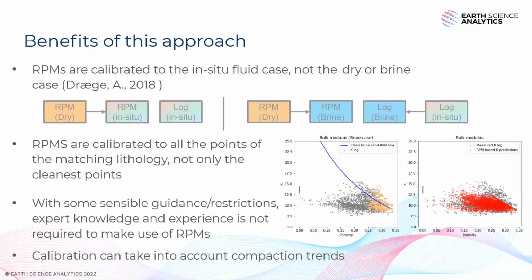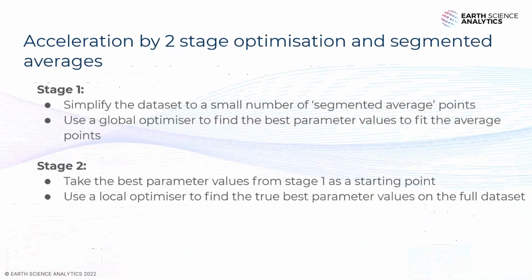But overall, we can take out quite a lot of the need for expert knowledge, and then we can basically give this option to any user, and they can use the auto fitting to get a good match between their data and the model results.